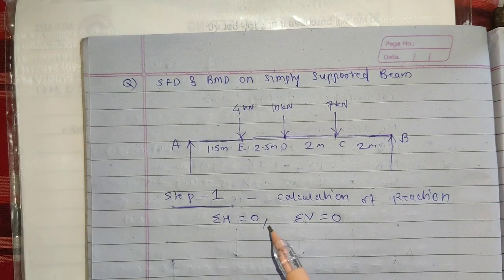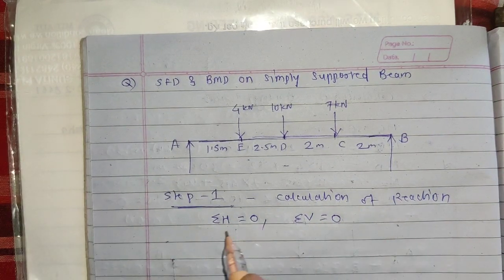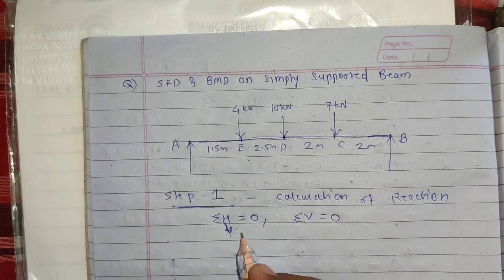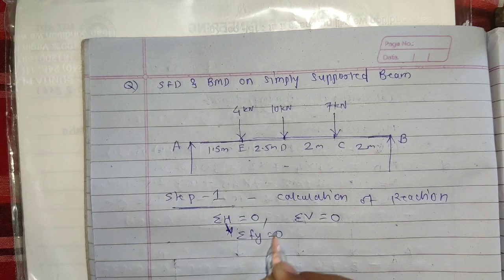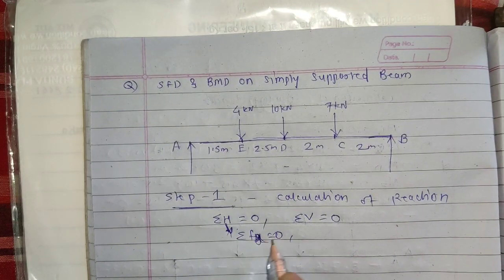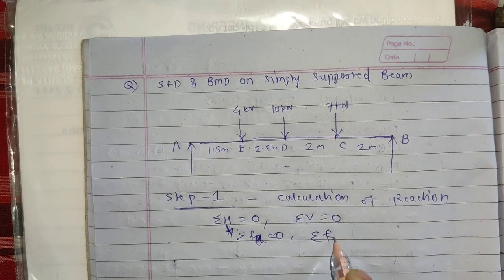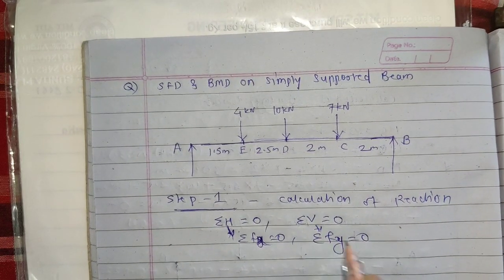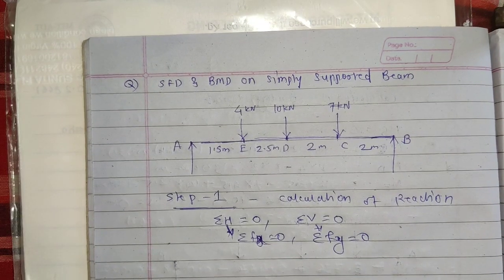In some books, this is denoted by summation of Fy equals 0 and summation of Fx equals 0. Vertical is y and horizontal is x.